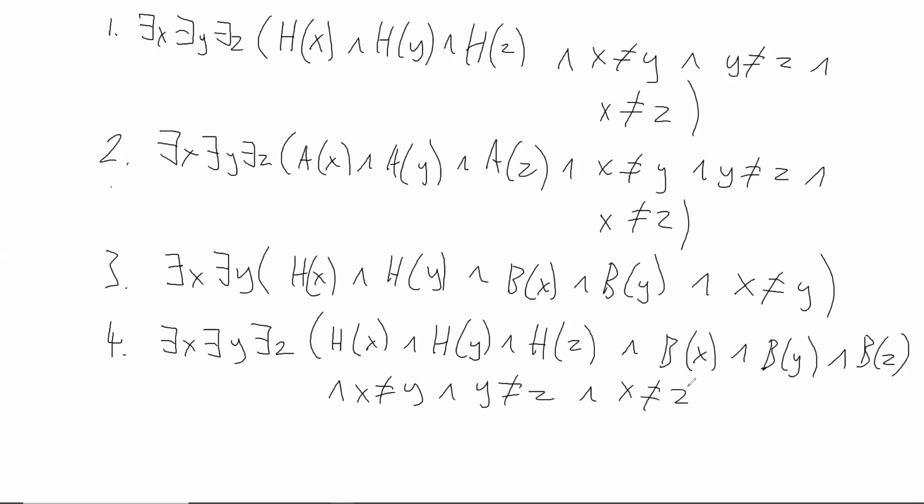So this says that there are at least 3 horses, but we want to say that there are exactly 3 horses. And so in order to capture that, we need to add 1 extra clause. And for all u, I'll just use u as the 4th variable.